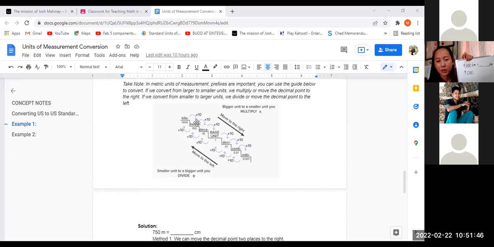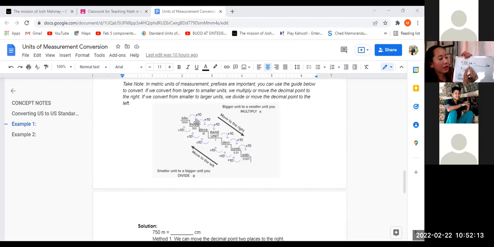Wait ha. Decimeter is denoted by dm. Decameter is denoted by dam. Hindi sila parehong dm. The first one, dm, that's decimeter. Dam, that is decameter.